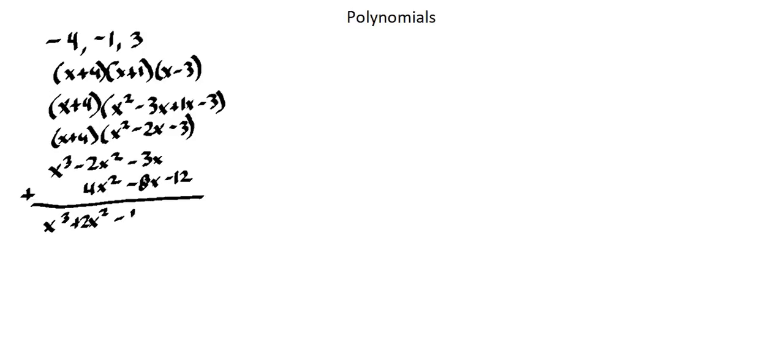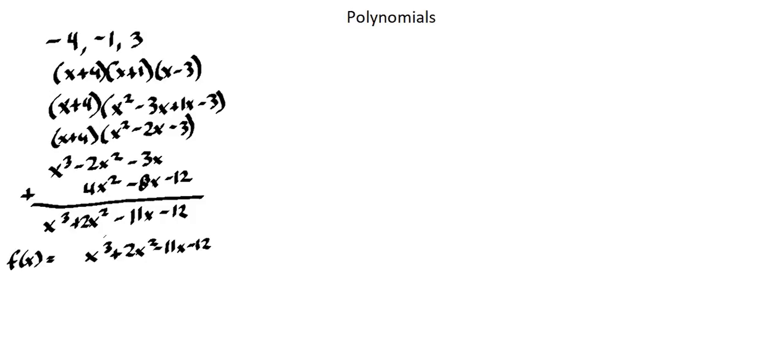Then -3x and -8x give minus 11x, minus 12. And so this is our cubic. I'll call this the function of x, and this is equal to x cubed plus 2x squared minus 11x minus 12.